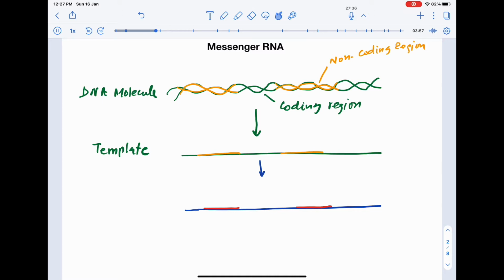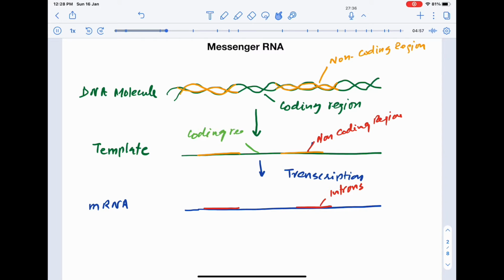So you see this region of mRNA, this is an mRNA. The non-coding region has been copied by transcription into introns, and the coding region is copied into exons.